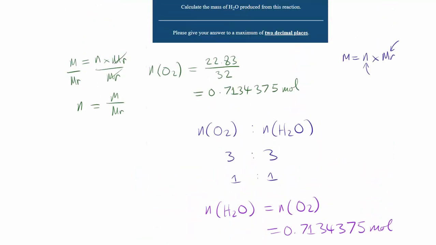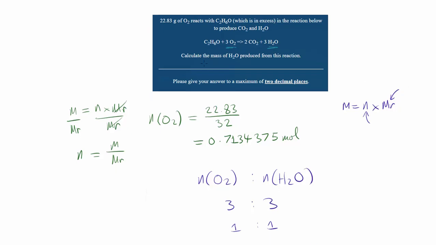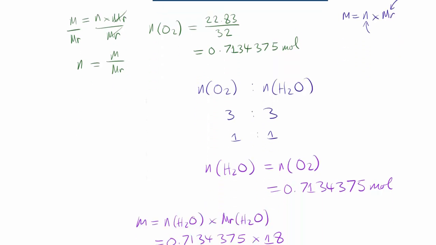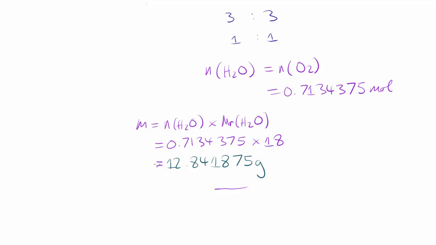Now let's check what we've been asked to do. Calculate the mass of H₂O produced from this reaction. So we've done that. In the next step, it says give your answer to a maximum of 2 decimal places, right? As we have it here, our answer is effectively to 6 decimal places. So what we're going to need to do as an additional step is round this to 2 decimal places.